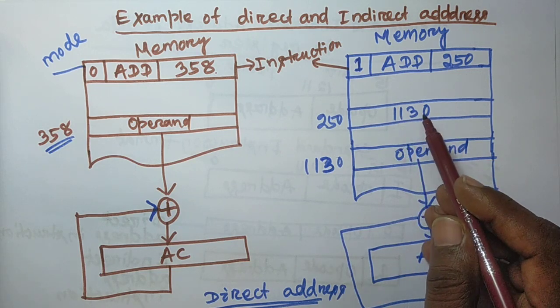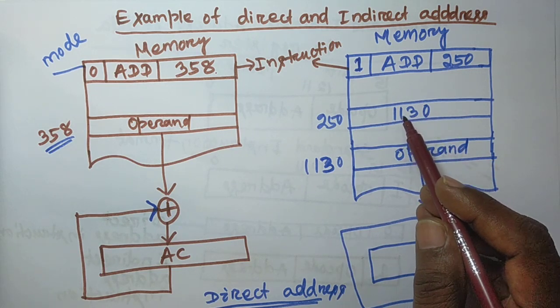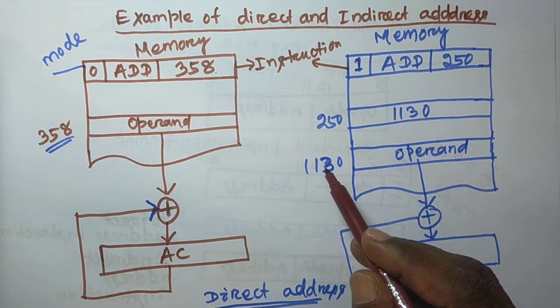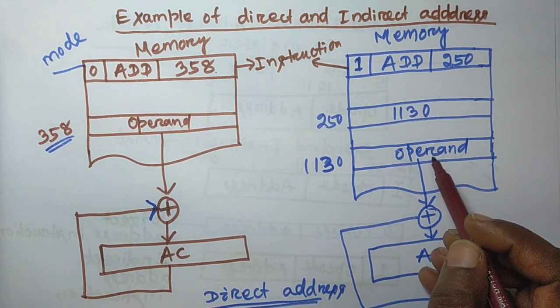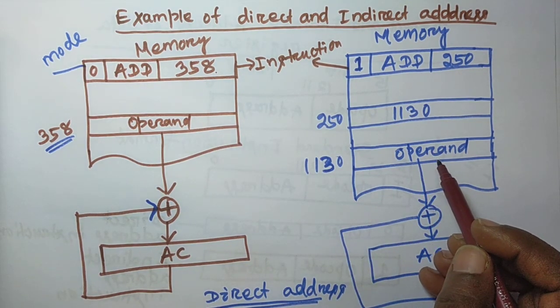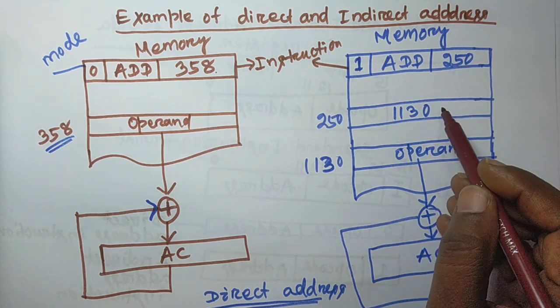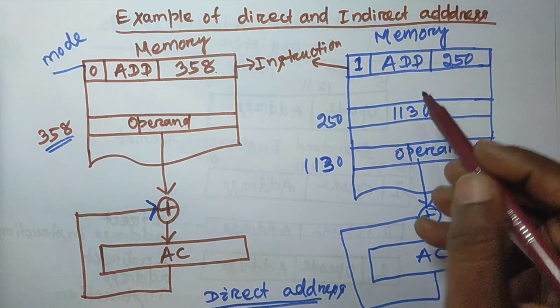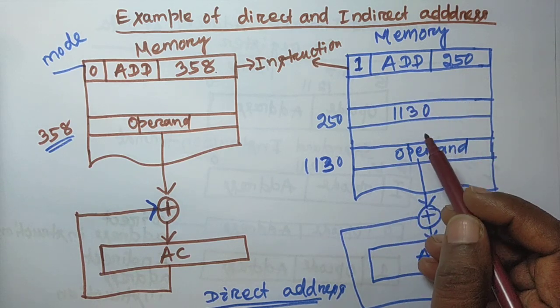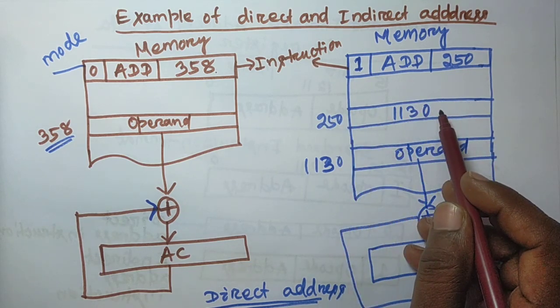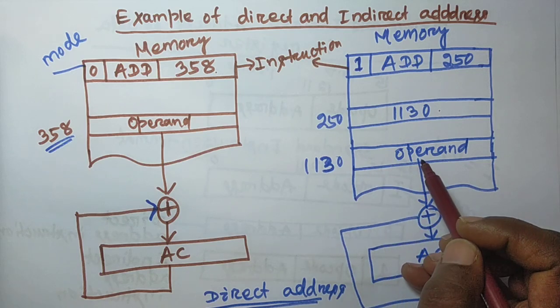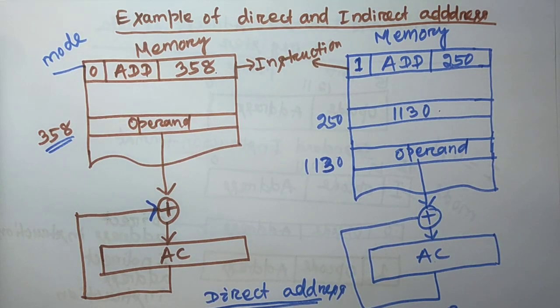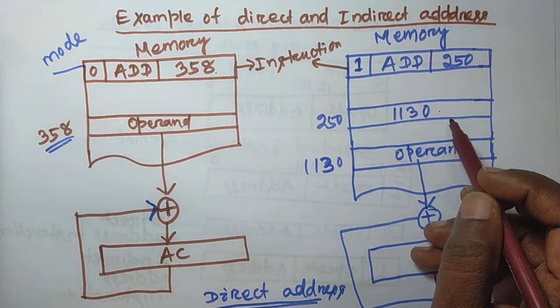Then if we go to that other address, that address contains the operand. Since the first address contains another address and that address contains the operand, we have to find the operand indirectly, not directly.